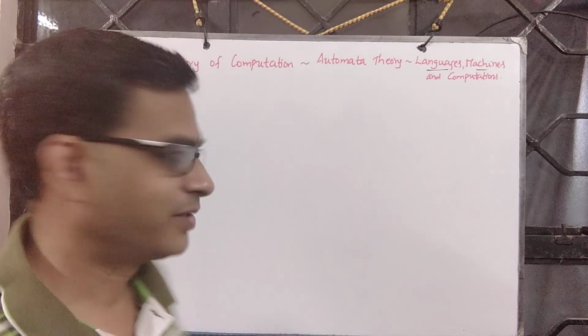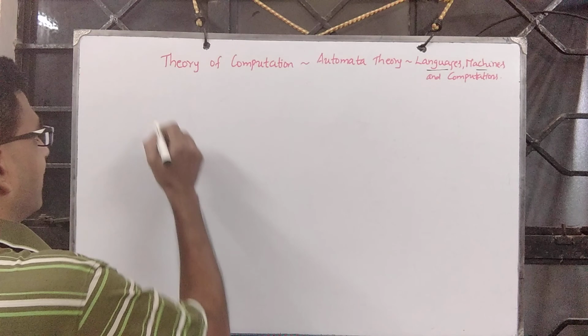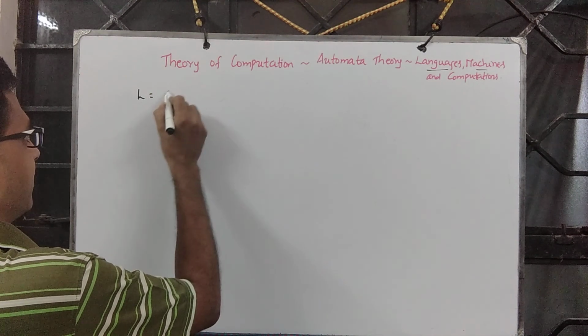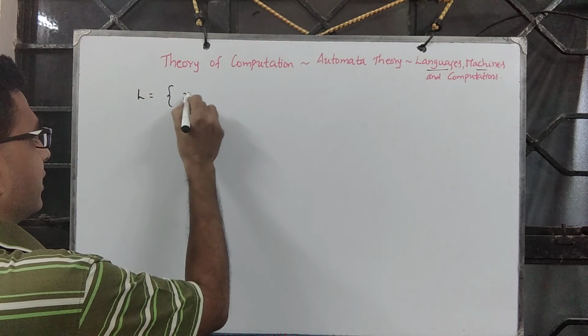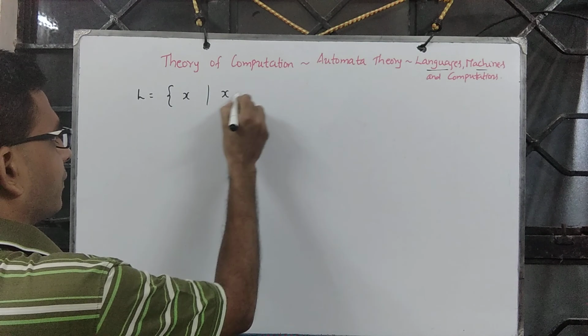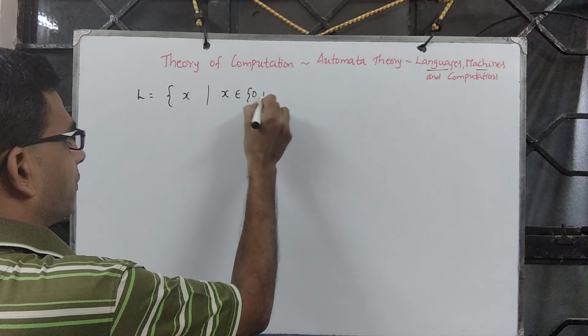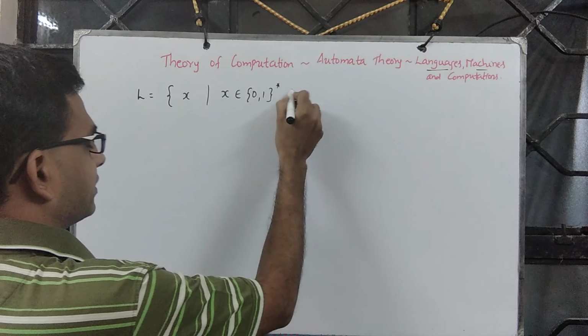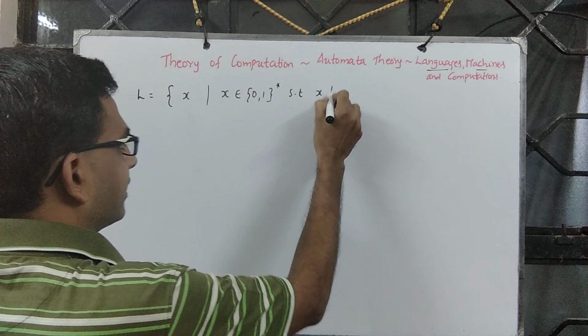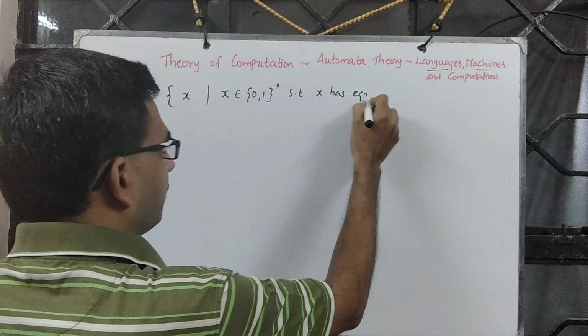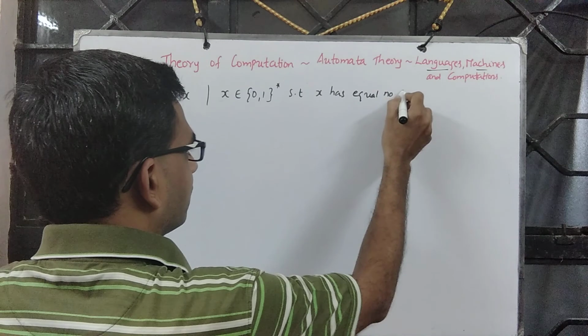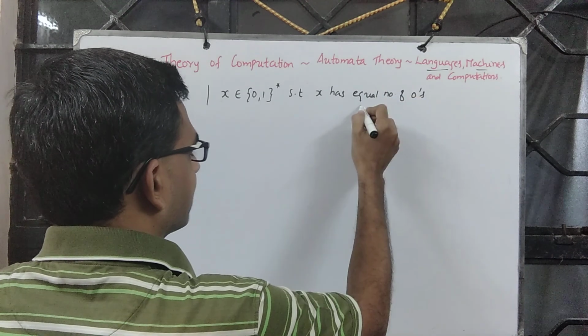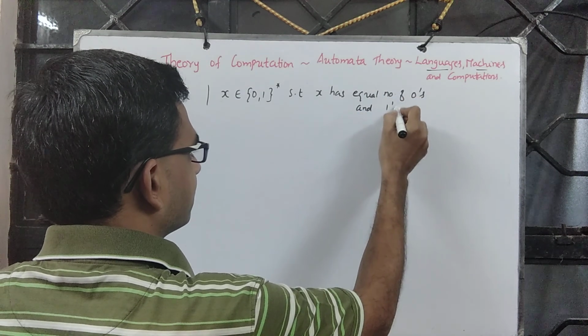Continue our discussion on pumping lemma. Our next language for discussion is the set of strings over 0, 1 such that x has an equal number of zeros and ones.